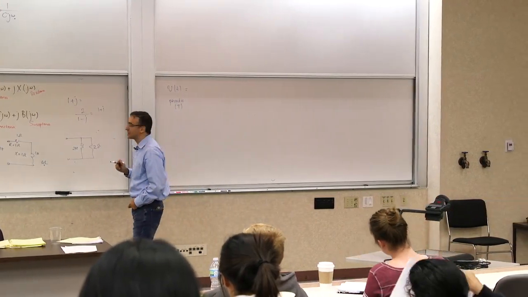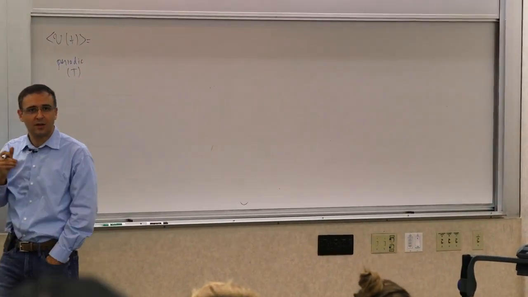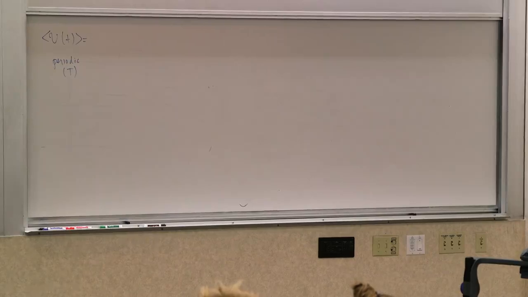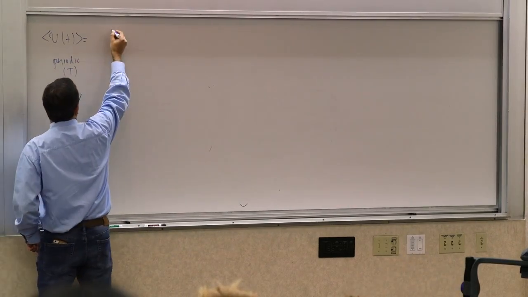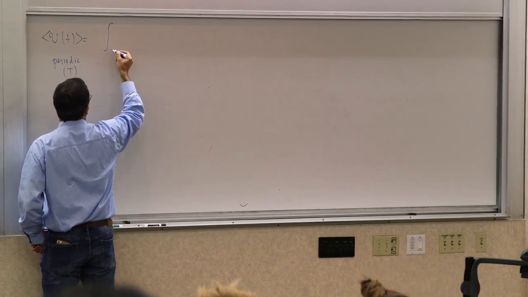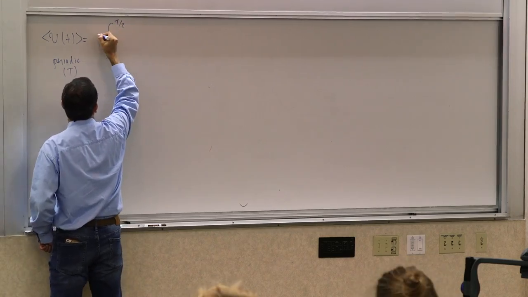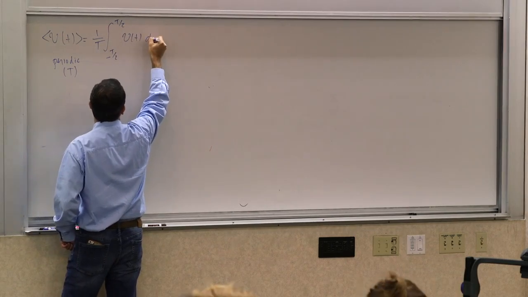What's the average of this waveform? Yes? Integrate from 0 to T divided by the period of the cycle. Yeah, integrate from 0 to T or negative T over 2 to T over 2, they're the same. 1 over T, and then v of t dt, right?